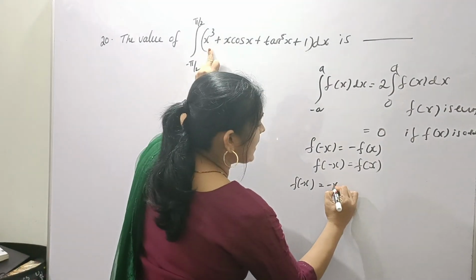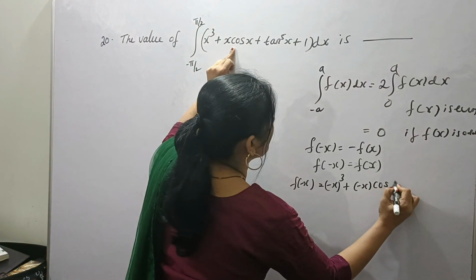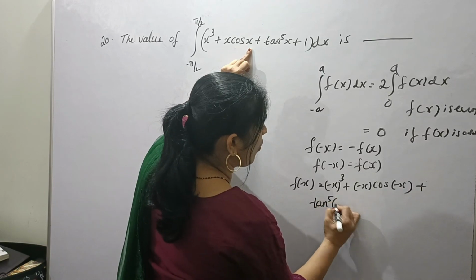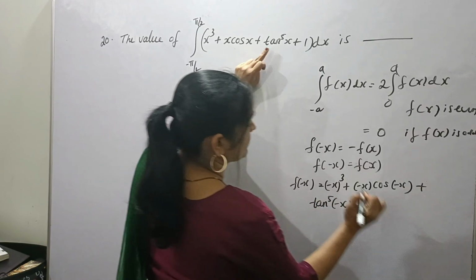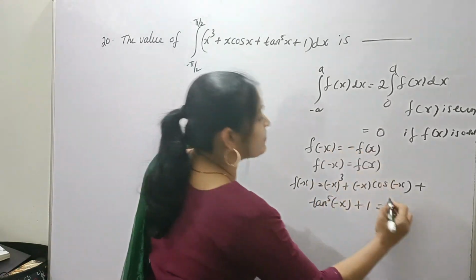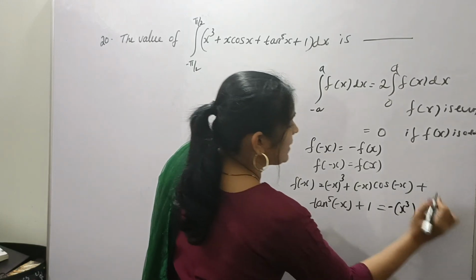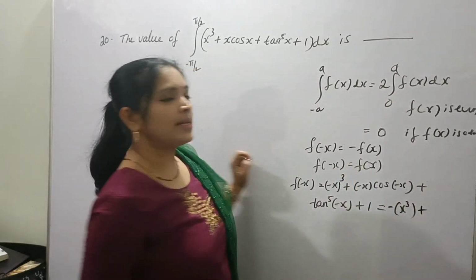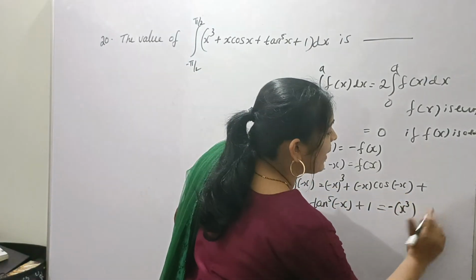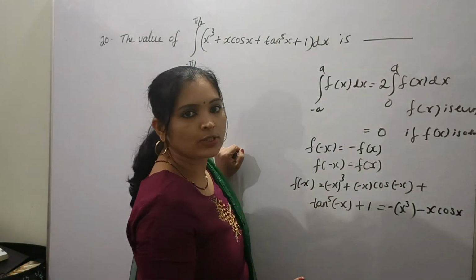So minus x whole cube plus minus x into cos of minus x plus tan raised to 5 of minus x plus 1. That is equal to minus x whole cube is minus of x cube, right? Plus here cos of minus x is cos x itself, but minus x is there, so we can write minus x into cos x, because cos of minus theta is cos theta.